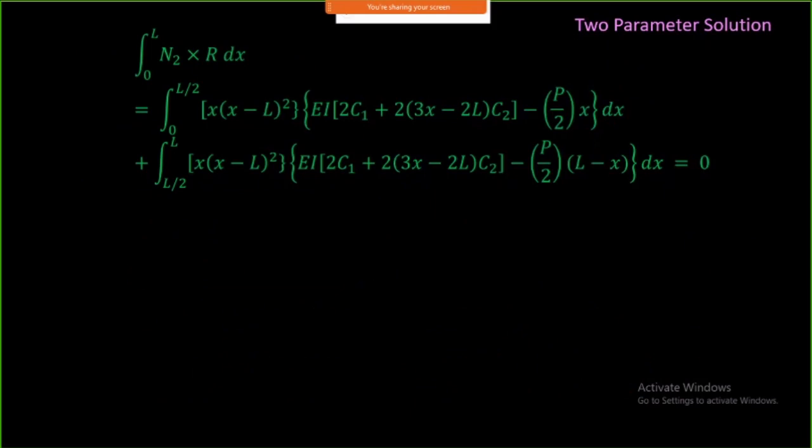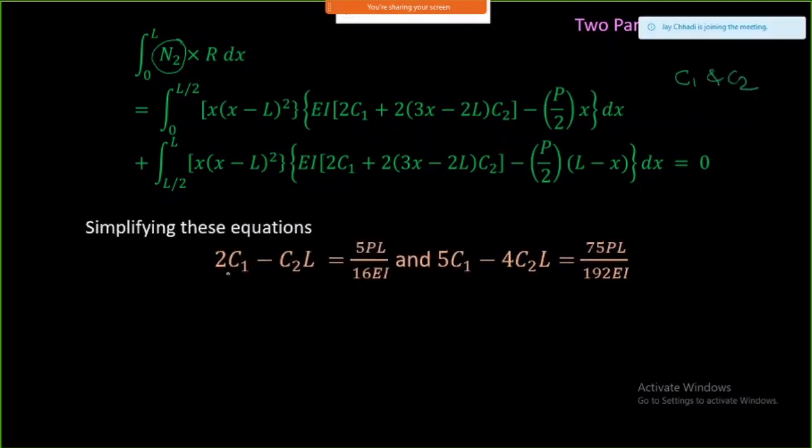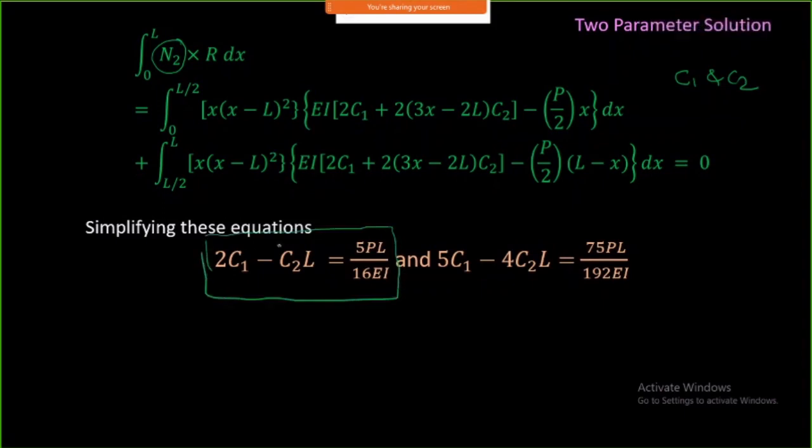Similarly, instead of n1, I now substitute n2, and I get one more equation which contains c1 and c2 again. So I will get two equations: the first resulting from the first weight function, and the second resulting from my second weight function.